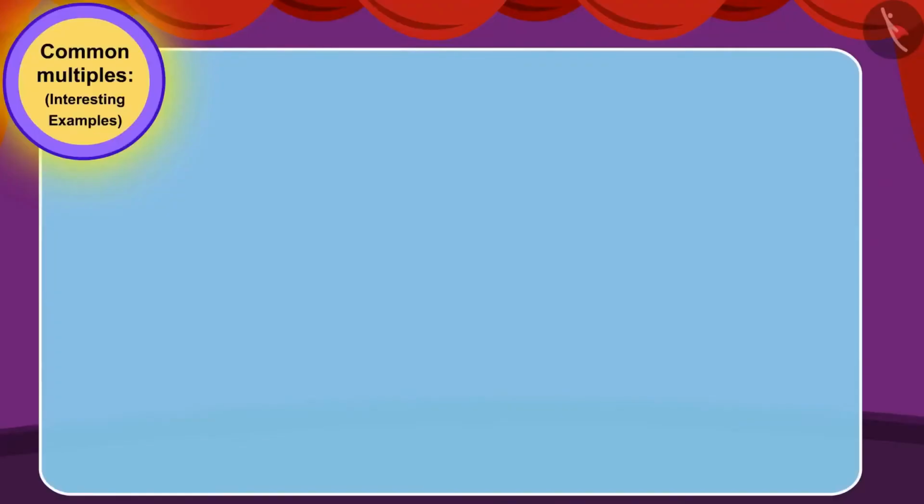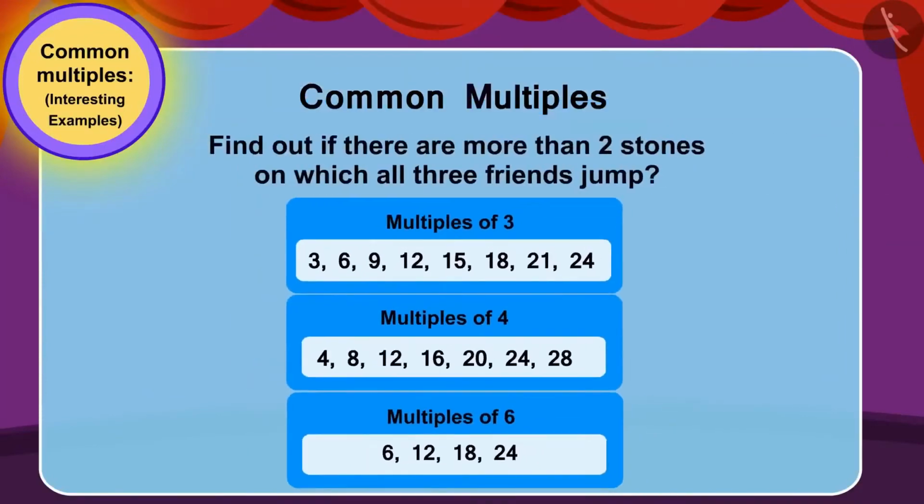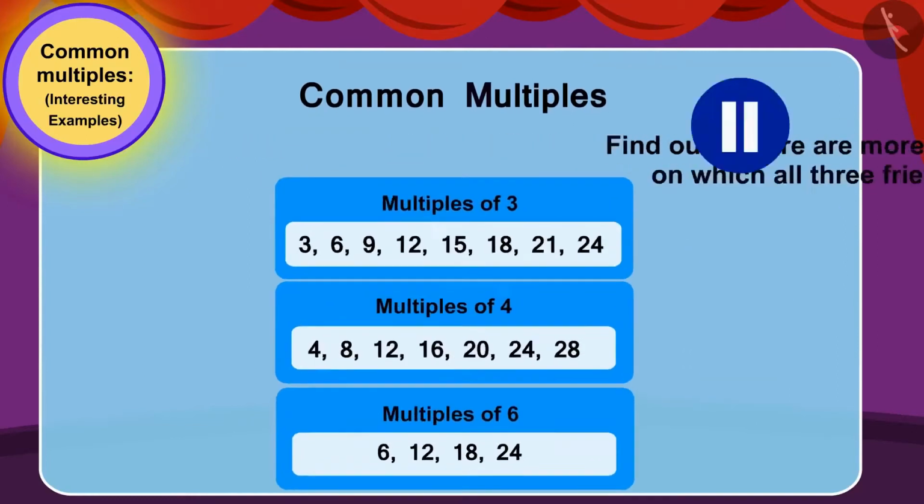Now, can you find common multiples of these three numbers and find out if there are more than 2 stones on which all three friends jump? You can find the answer by pausing the video.